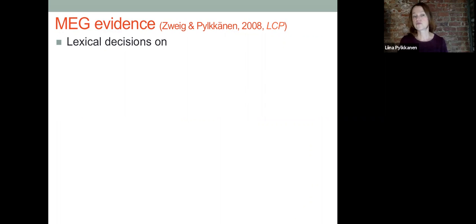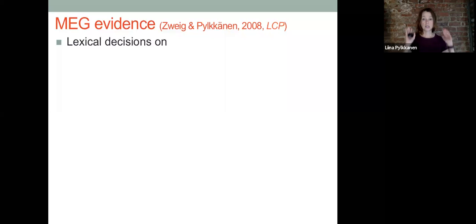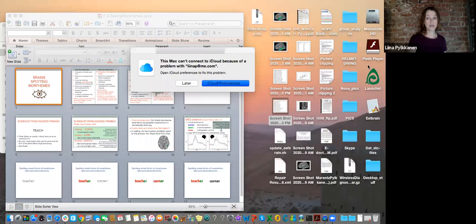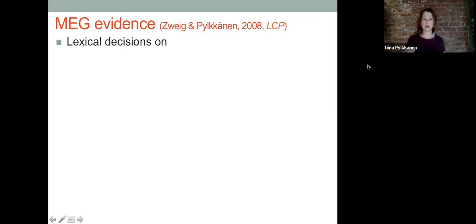This was the first neural test of this hypothesis, and we used MEG to test it. Because we're measuring activity from the brain, we wanted to have the simplest possible paradigm to assess this. For that reason, we just asked the subjects to perform lexical decisions on individual words.